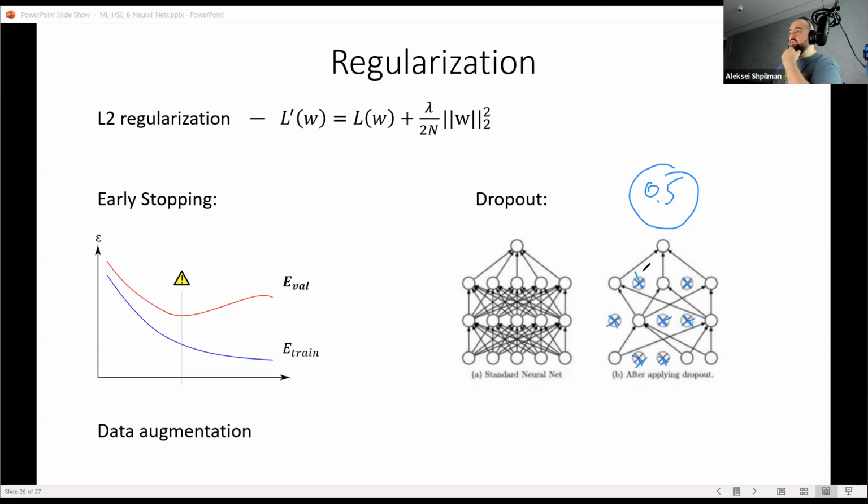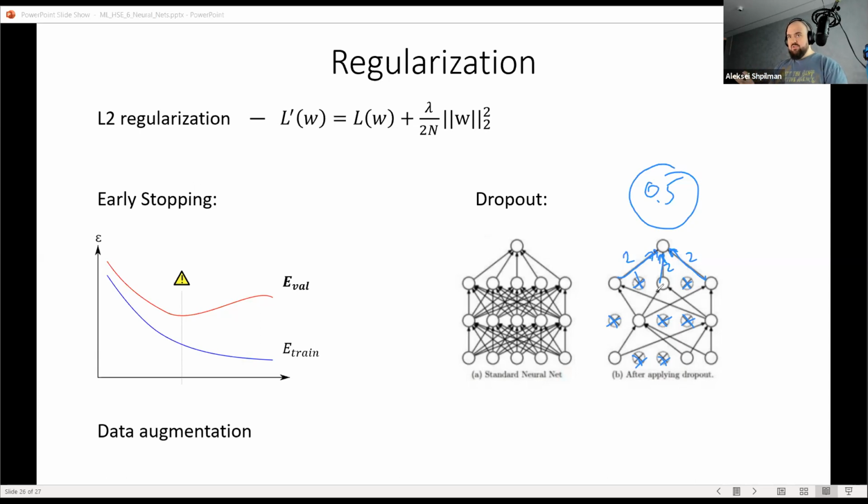So when you use dropout, you have to multiply your inputs by a coefficient, right? So let's say I turn off half of neurons. Well, the input now needs to be multiplied by 2. Right? Because I want the sum of the signal to be on the same scale every time.